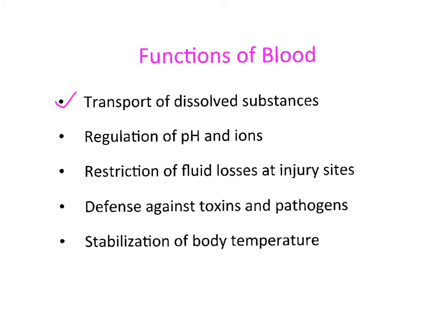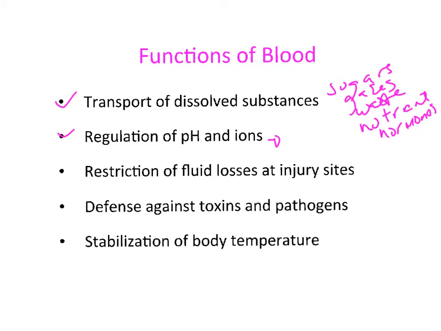When we say dissolved substances, we're talking about things like sugars, gases, waste products, nutrients, hormones, all kinds of different substances that need to be transported around your body. It's tasked with regulating pH and ion levels in your tissues. That's especially key for enzyme function in different regions of your body. So very important for that.